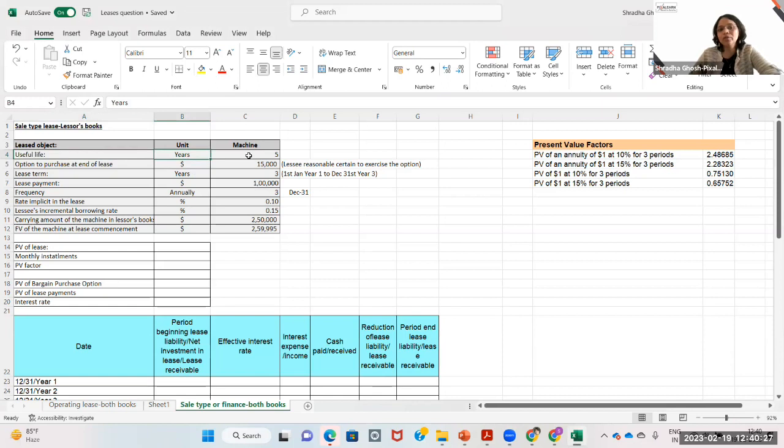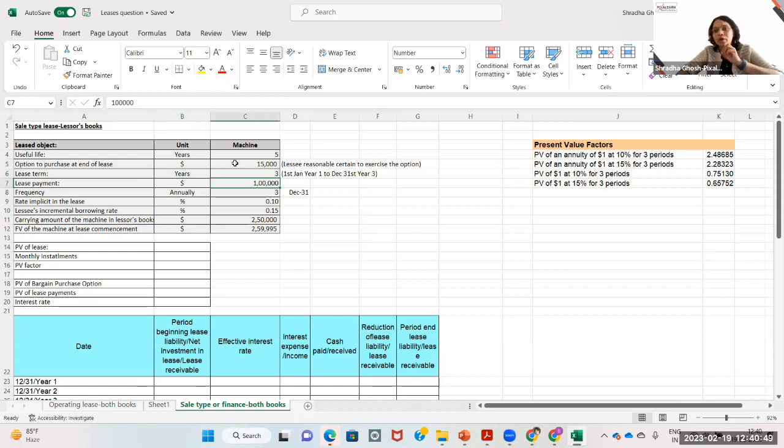There is an asset which has a useful life of 5 years. And there was an option given to the lessee to purchase the asset at the end of the lease term, which the lessee is most likely to exercise. The value of that purchase option is $15,000. The lease term is for 3 years.